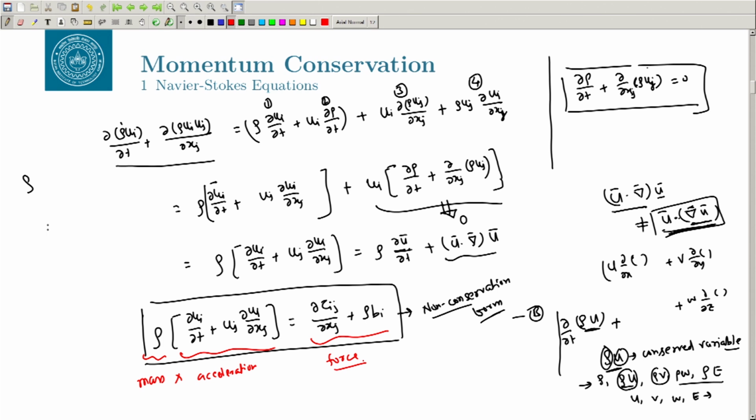So, this is basically your second law, the mass into acceleration, everything is per unit volume, okay, as we have been discussing that the volume changes continuously. So, that is why we do it per unit volume in fluid flows. So, it gives you the second law, which is mass into acceleration equal to net force, right. So, that you can easily see when you cast it in the non-conservation form, right.